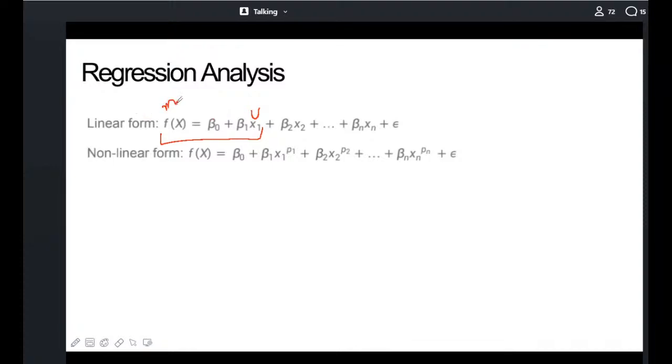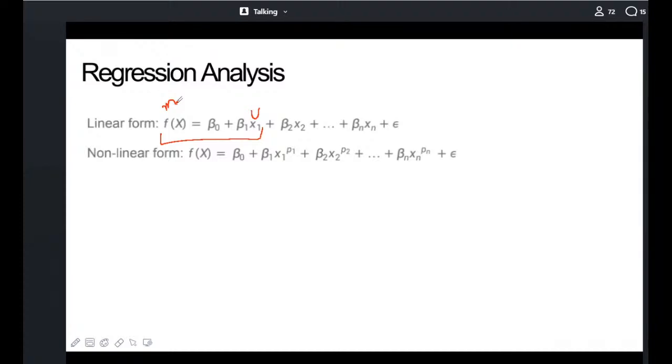In this particular case, beta naught is your intercept, that is c, and beta 1 is your slope. If there are more features, suppose it's 3-dimensional, box-like data, then a plane will separate it, like in 2-dimensional data a line separates it. Now, how do we determine beta naught and beta 1 in this linear form?